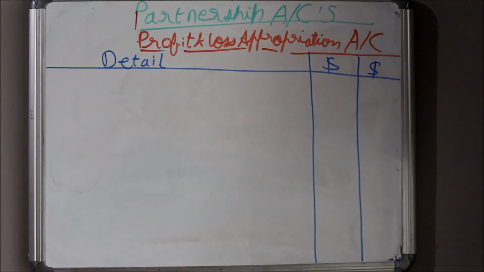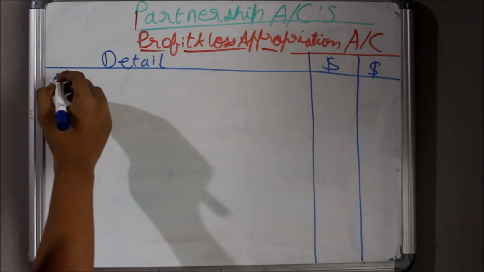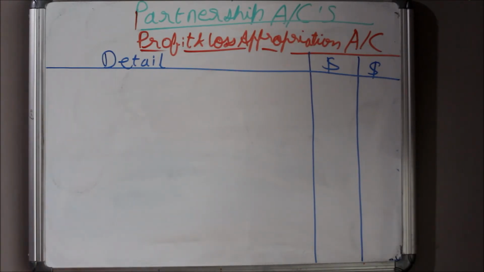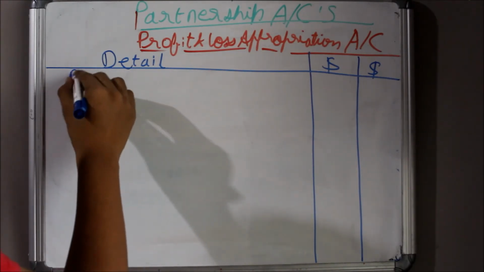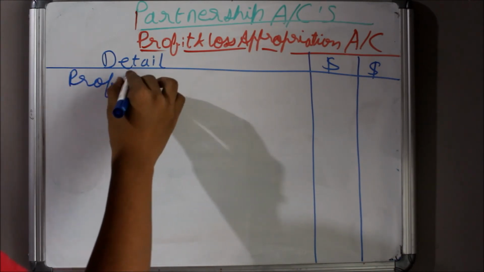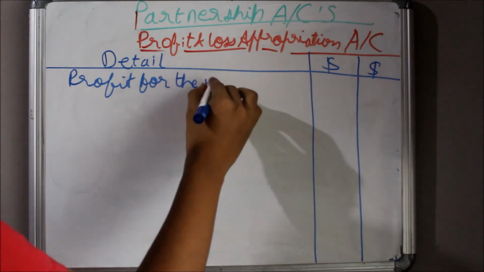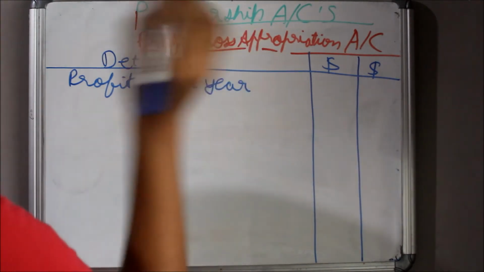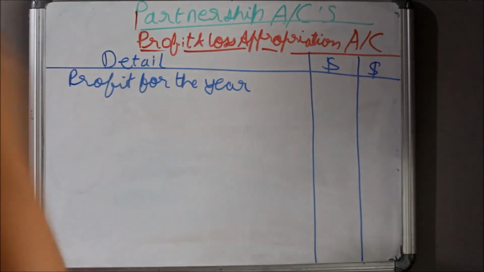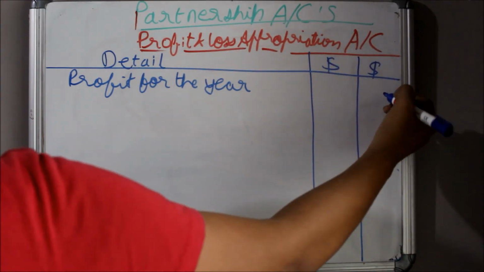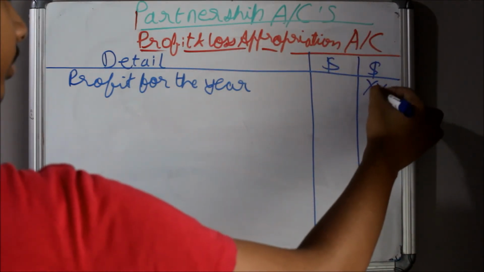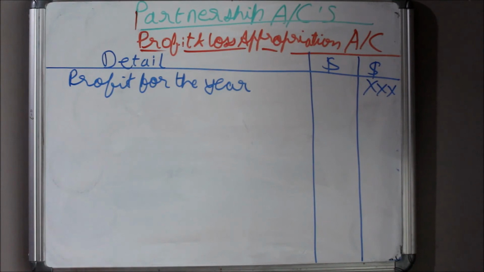So first of all, to calculate the profit and loss appropriation, you're going to write the profit for the year for the partnership business from the income statement. This amount has to go on the credit side of the partnership account. Now following this, you're going to add the interest on drawings.